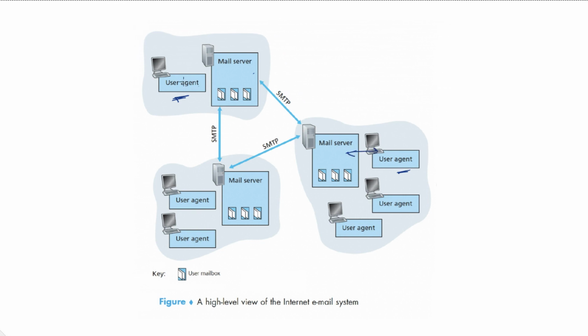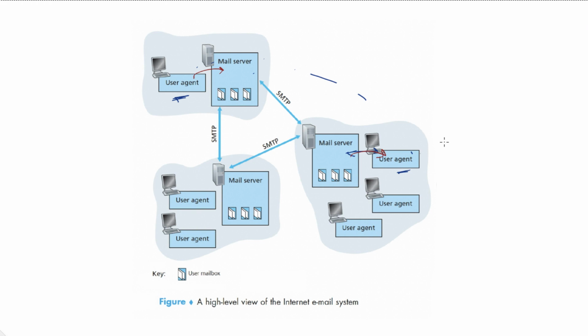So this is not happening directly: the user agent is not sending the mail directly to the other user agent. There are mail servers involved between both parties. This is the overall process using which we send emails from one party to another.